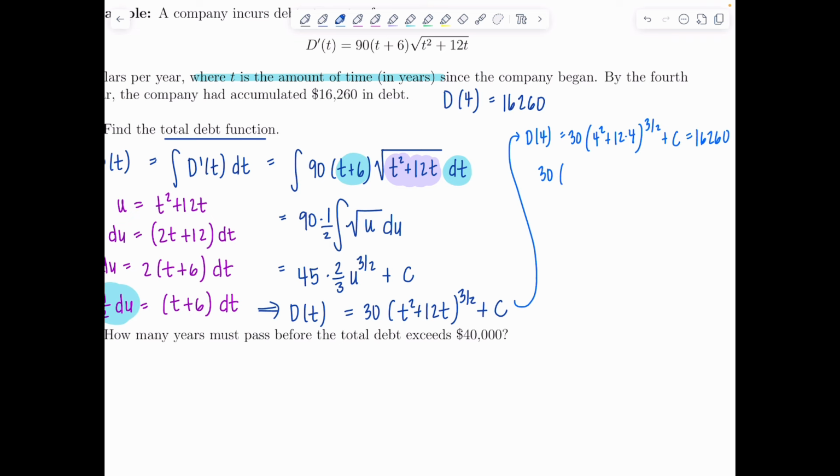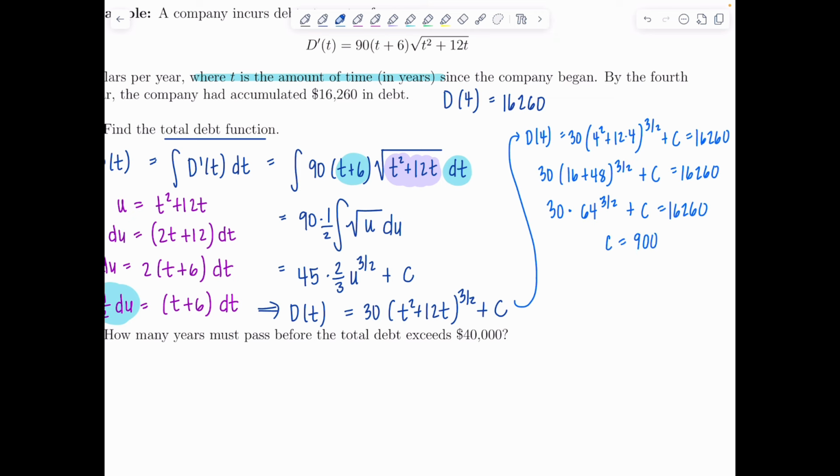This is 30 times 16 plus 12 times 4 to the 3/2, which is 64 to the 3/2, plus c equals 16,260. This is going to be the square root of 64, which is 8 cubed, times 30, and then subtract it over to the other side. Cutting to the chase, c is 900.